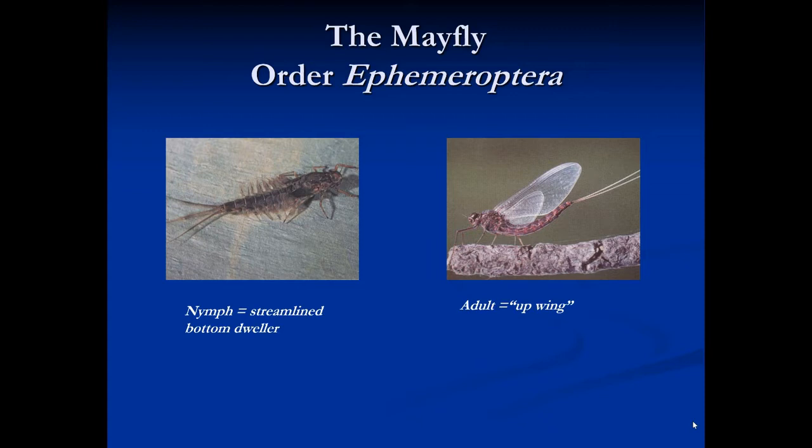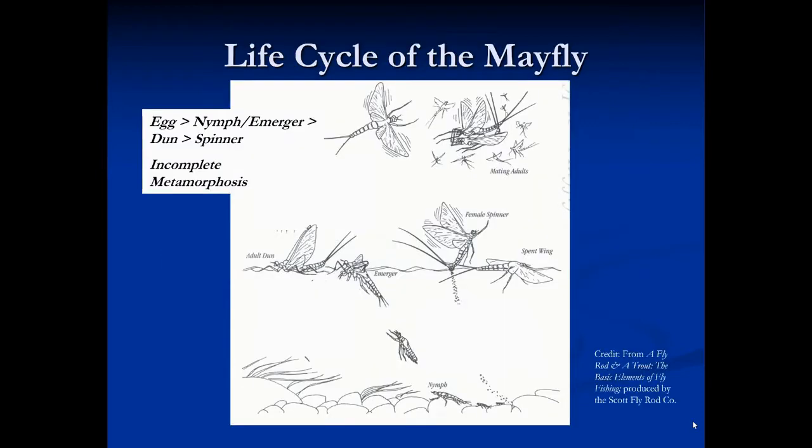The first group is the mayfly. Now, I always like to mention their order name is Ephemeroptera because they have such an interesting life cycle. You see, they start as eggs, and then they hatch into little bug-like critters. They're not bugs, but they hold on to rocks and they eat algae.